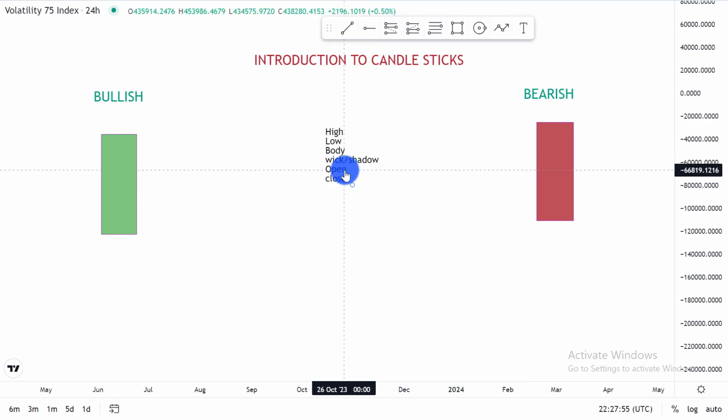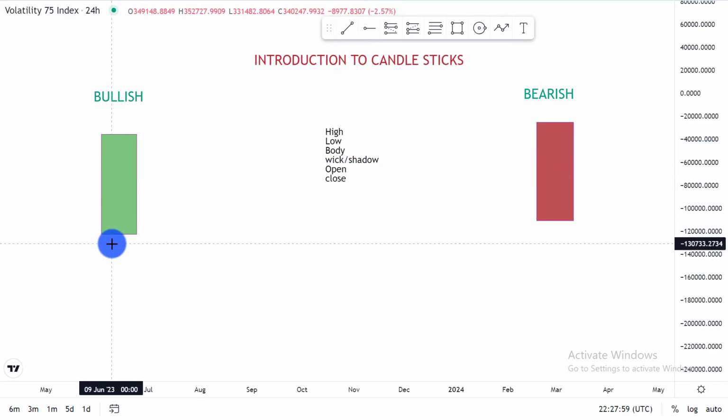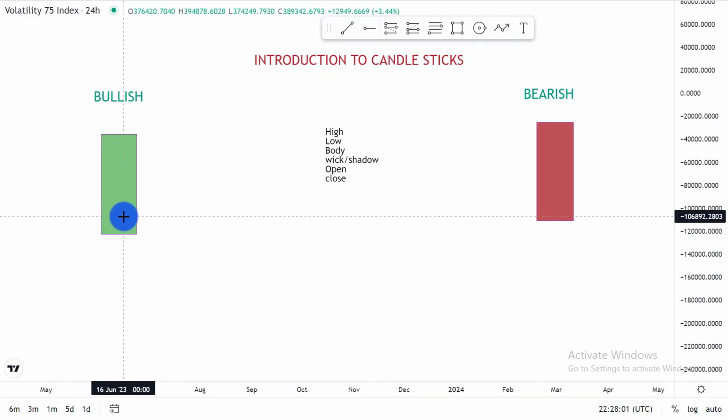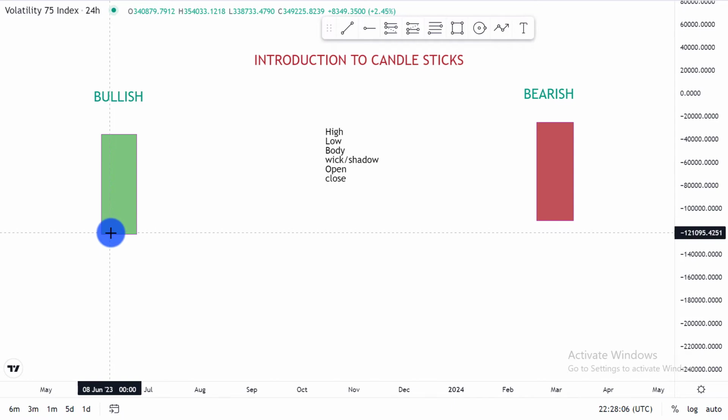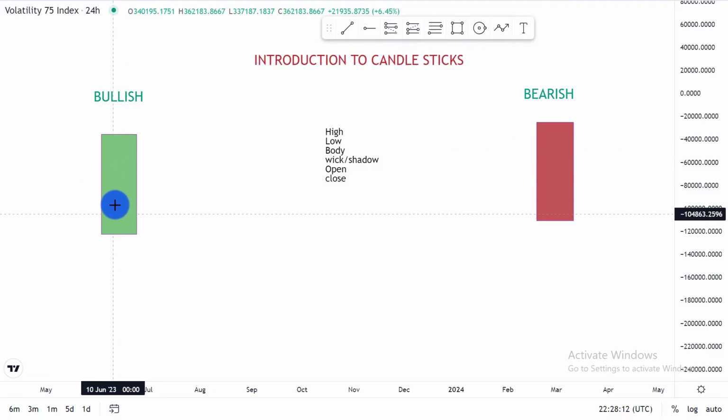What I mean is that a bullish candle would usually have its opening lower, because we anticipate to see price go up. That's why it is bullish. So if the opening price of that candle is lower and price closes above, what that means is that we have a bullish candle.